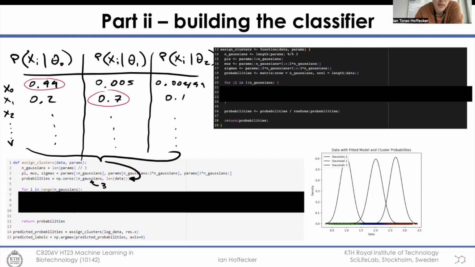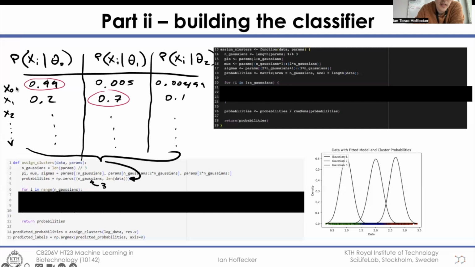And what we want to do is, for each data point, compute the probability associated with each of those 3 Gaussian distributions. So we can do that one by one. We go through each Gaussian and go through each data point and spit out a value. And one of those is going to be higher than the others.